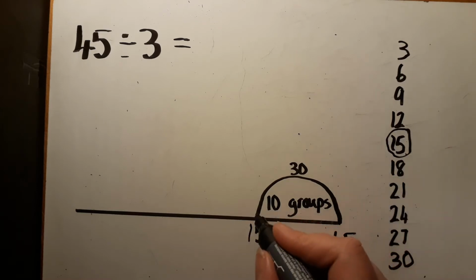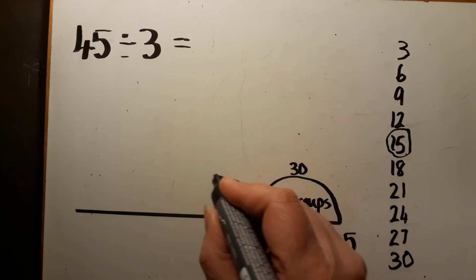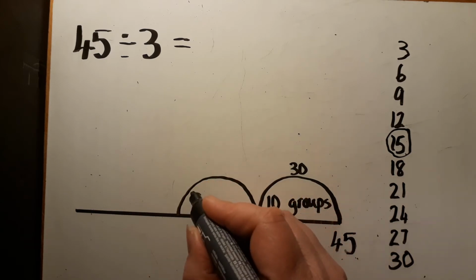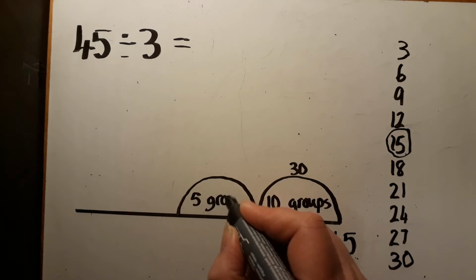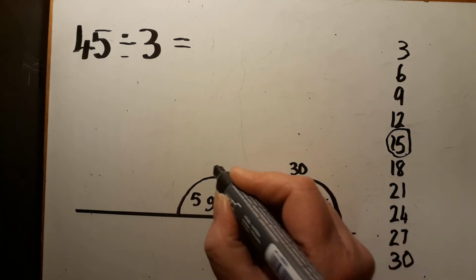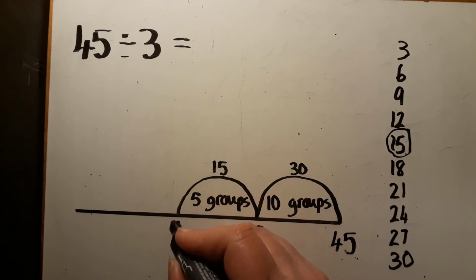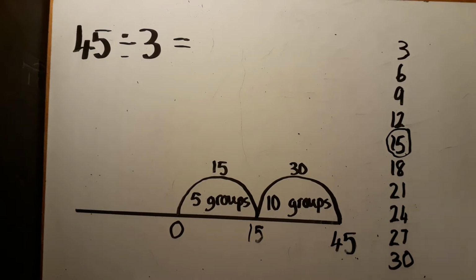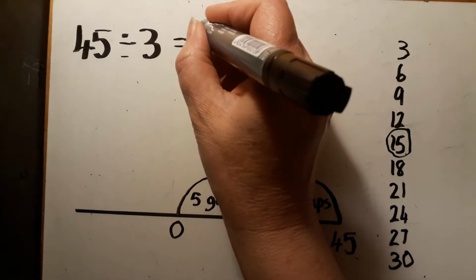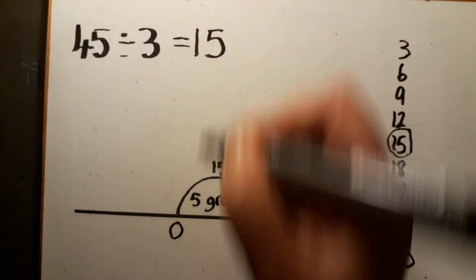It is 5 groups of 3, so that's 5 groups, and we know that 5 groups of 3 is 15, and when we do 15 subtract 15, we will be left with 0, which means there's no remainder. So here we have how many groups of 3 in 45? 10 groups and 5 groups, so that is 15 groups altogether.